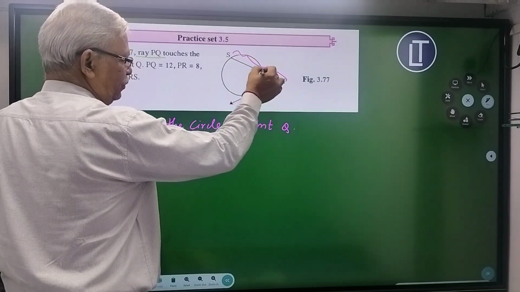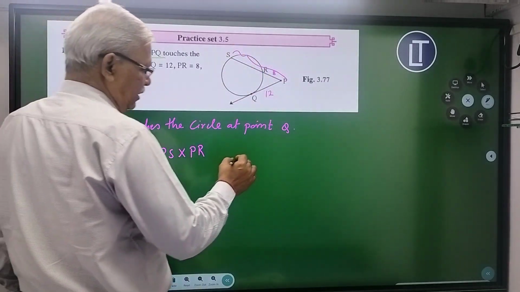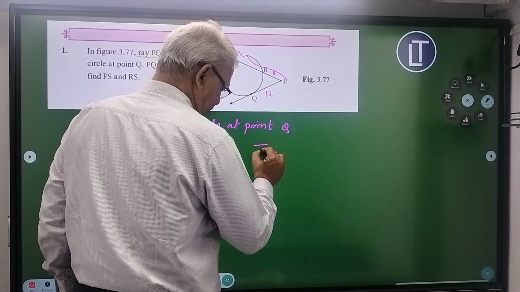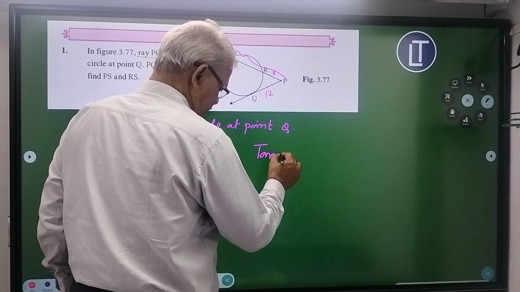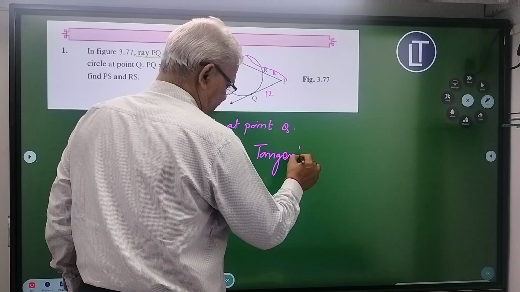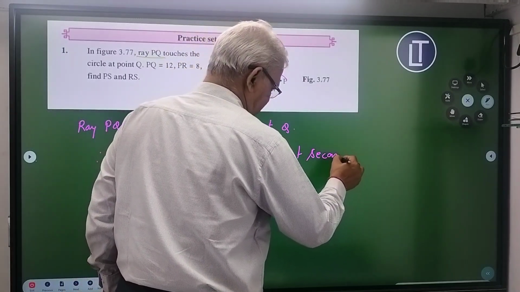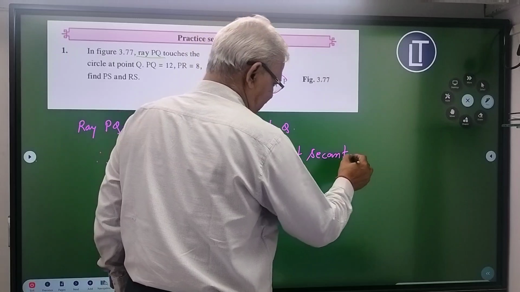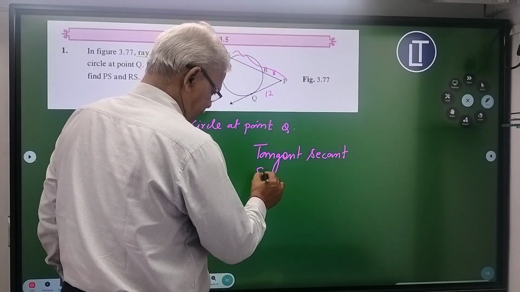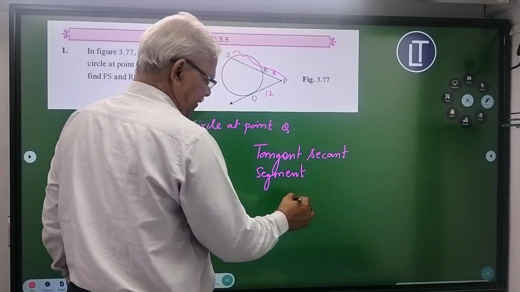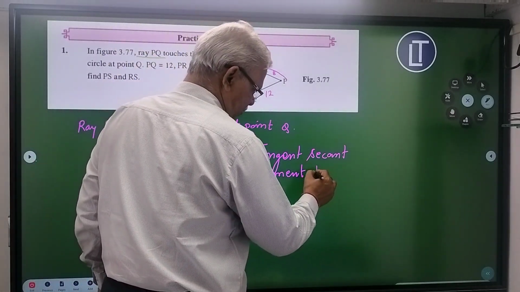Here we will write the tangent second segment theorem. Okay? This is tangent second segment theorem.